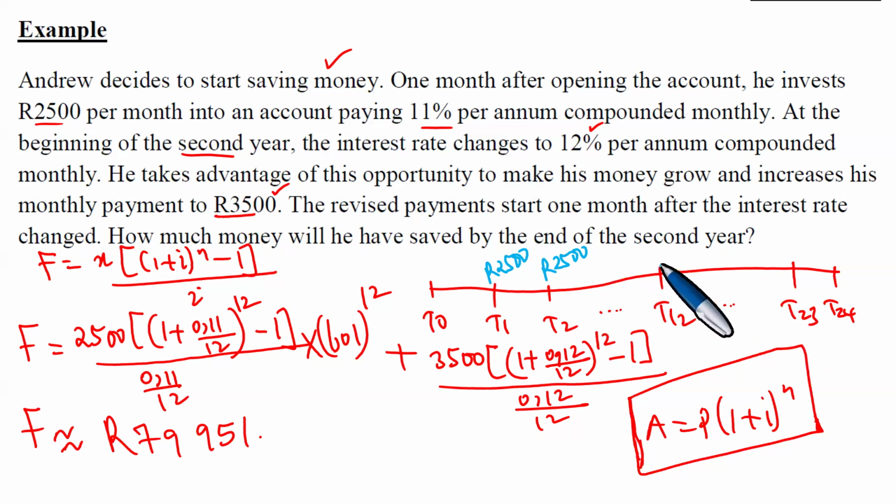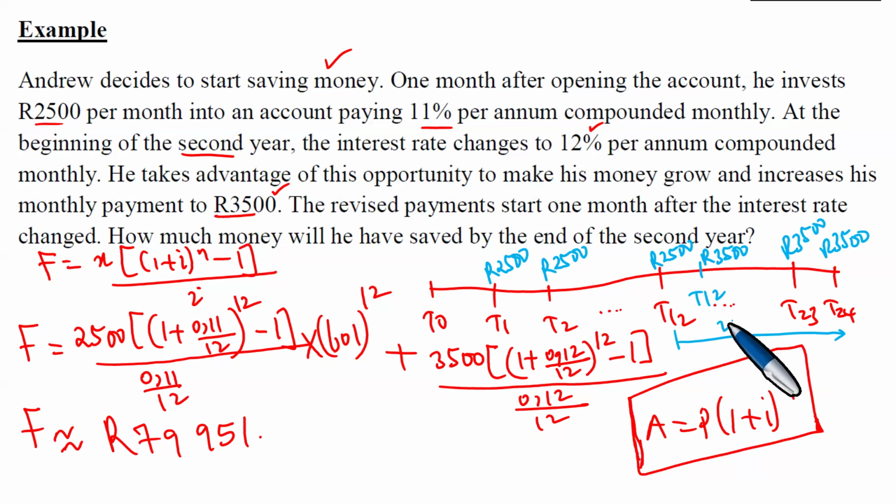And then now at T12, it's going to be 2,500. And then at T13, that is 1 year later, it's going to become 3,500. And then we have 3,500.